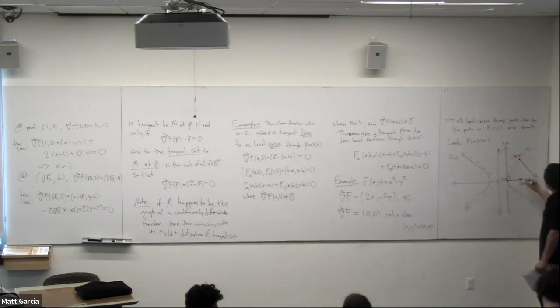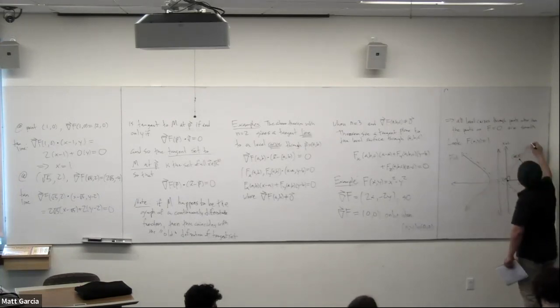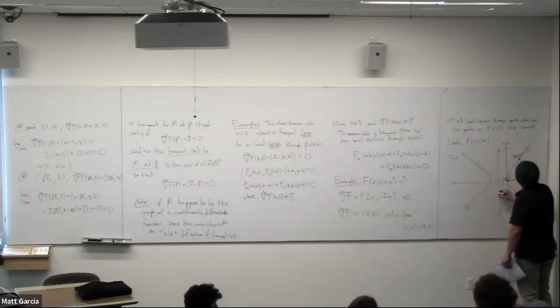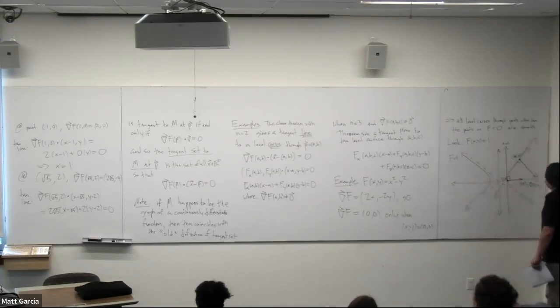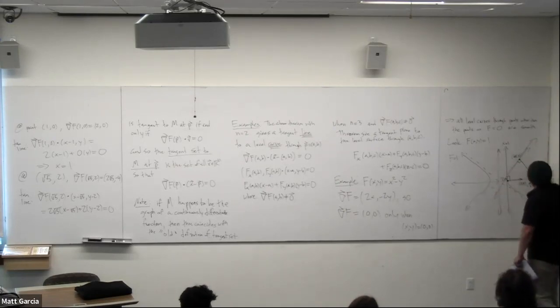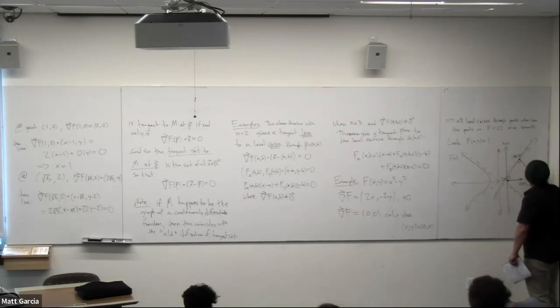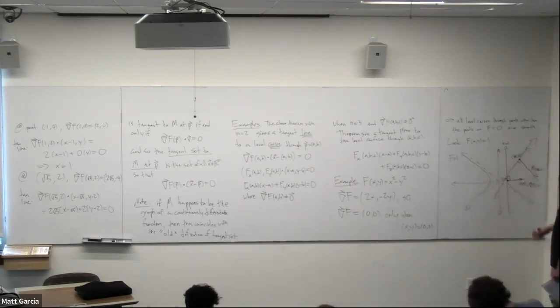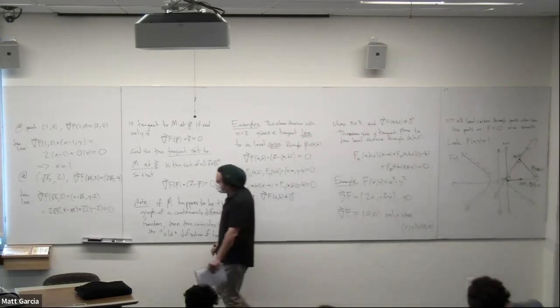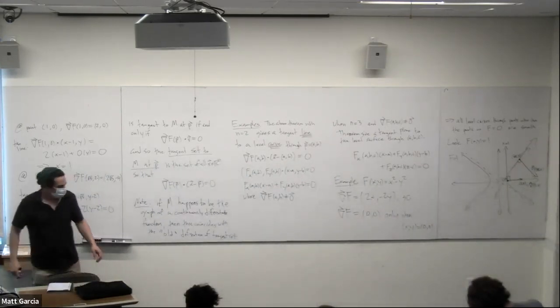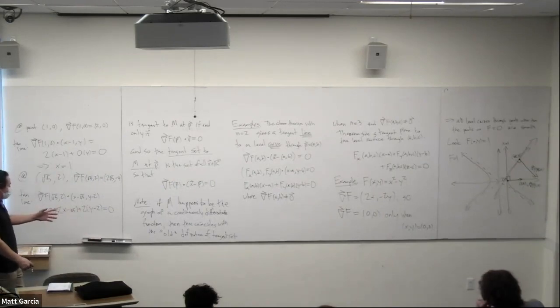And then again, our tangent line is just this line, which is perpendicular to the gradient. Here's our tangent line. Again, my drawing's not very scaled, but this should be a line of slope root 5, right?